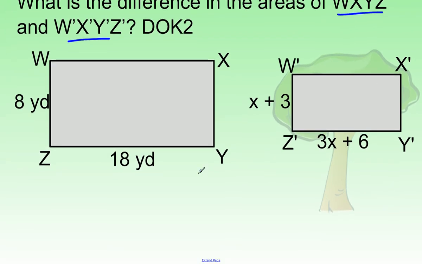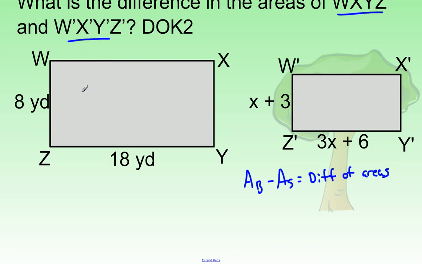To find a difference of the area, I'm going to take the area of the big one minus the area of the small one, and that's going to be the difference of the areas. A difference is a subtraction. So if I find the area of the big one and the area of the small one, and plug them in, that's the difference of the areas.